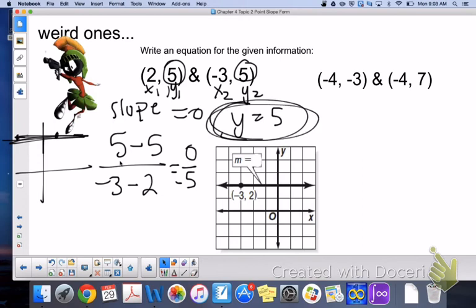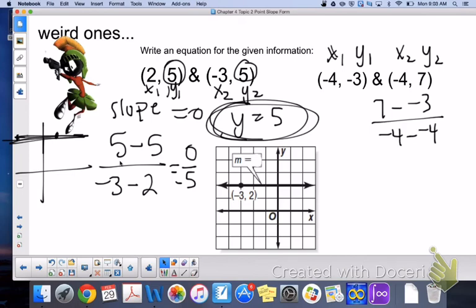Okay, the next one. Here's x1 and y1, x2 and y2: y2 minus y1 over x2 minus x1. 7 minus a negative 3 becomes 7 plus 3, which is 10. Negative 4 minus a negative 4 is negative 4 plus 4, which is 0. 10 divided by 0 is undefined.